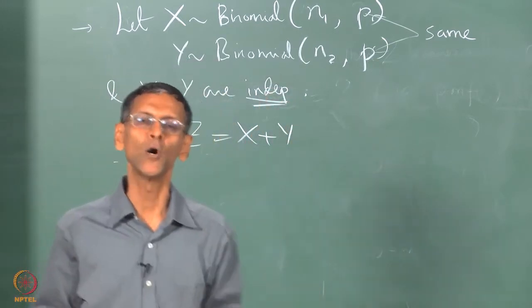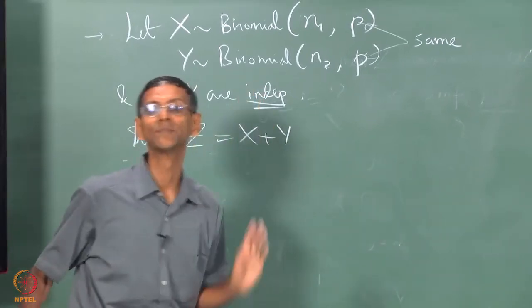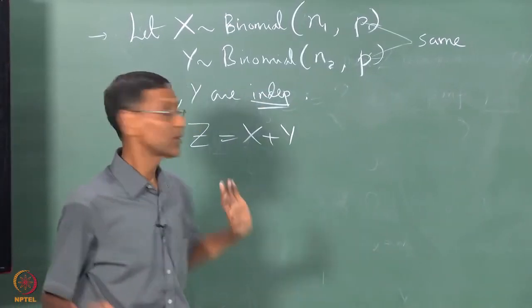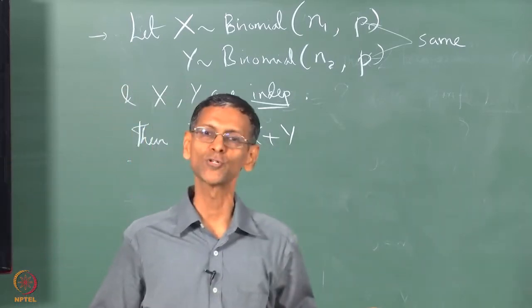I'm just telling you how this happens in practice. As far as the maths is concerned, you just simply write this. But to get the answer, it helps to visualize the situation. What we're talking about is n1 plus n2 trials now.